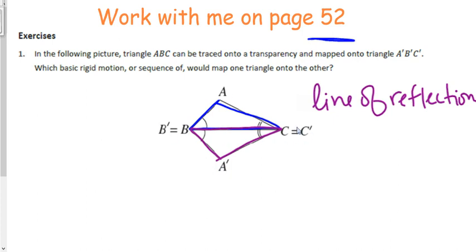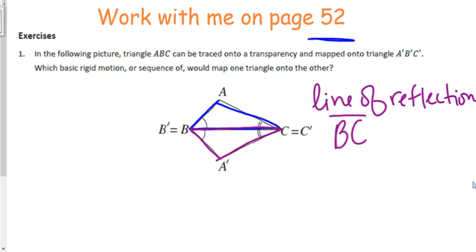C prime equaled C, that means it stayed in the same place. The only point that moved is my A. Well, what line did I reflect A over to get to A prime? And if you notice, it was this line BC, or line segment in this case. So the line of reflection was the line segment BC, or the line segment CB.